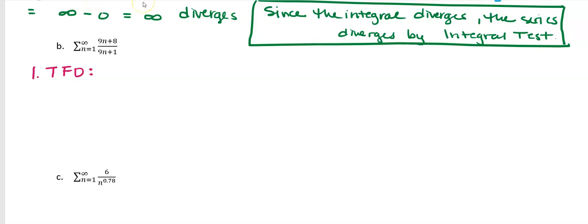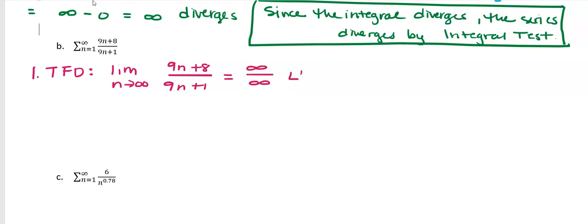And if not, then we'll have to work our way down. So the test for divergence here is putting this as a limit, and we'll do 9n plus 8 over 9n plus 1. Now, if I were to plug that in, I see that I get infinity over infinity. So once again, L'Hopital's rule is going to come into play.